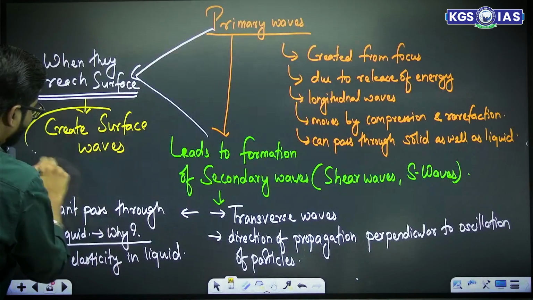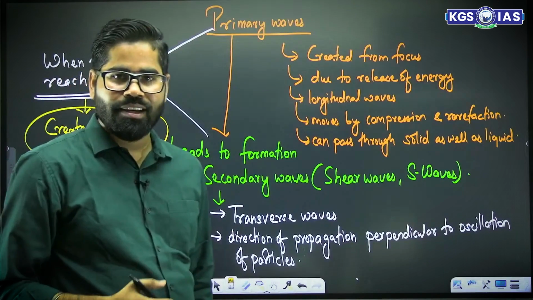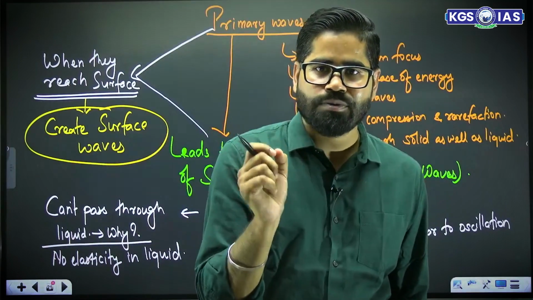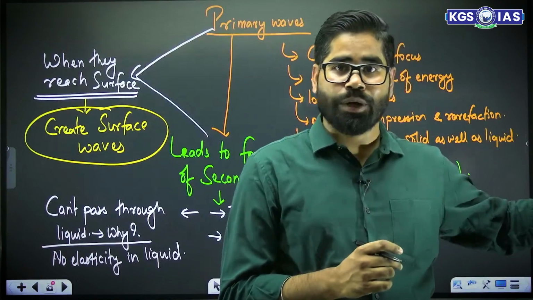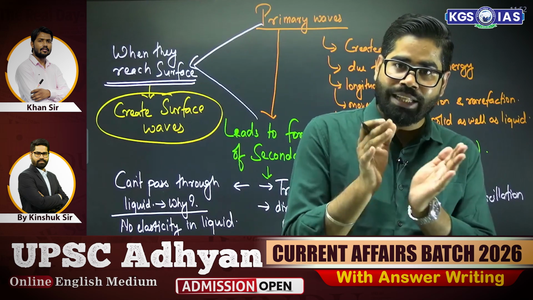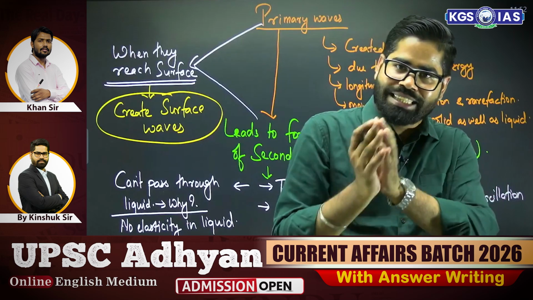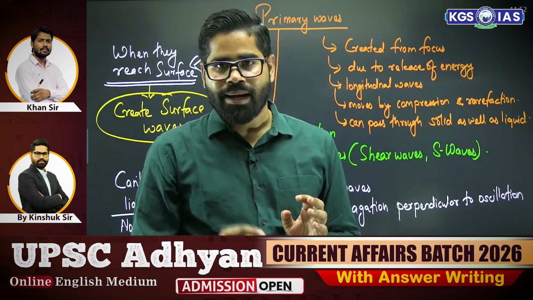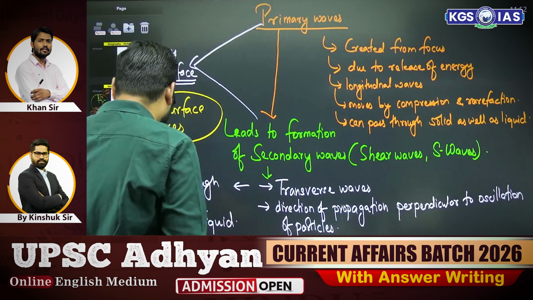When they reach the surface, they create another wave called the surface wave. That is the third type of wave. The primary and secondary we have seen. When they reach the surface of the Earth, they create the surface wave. Now when we talk about this surface wave, it is also of two different types.